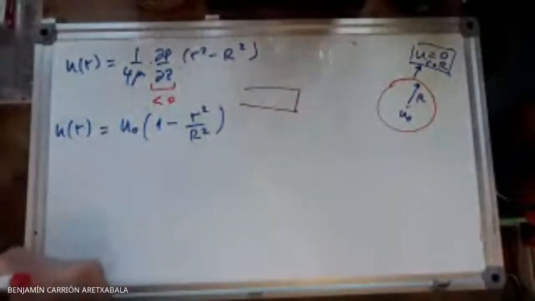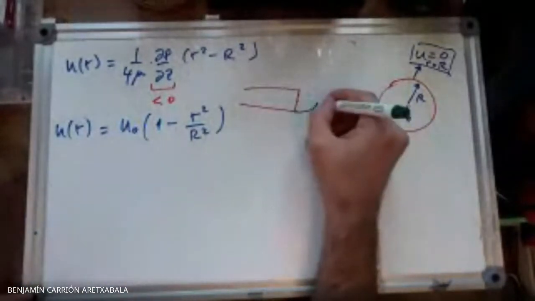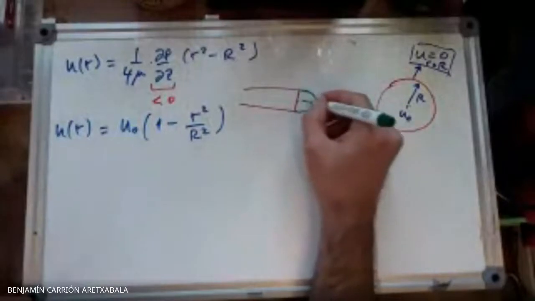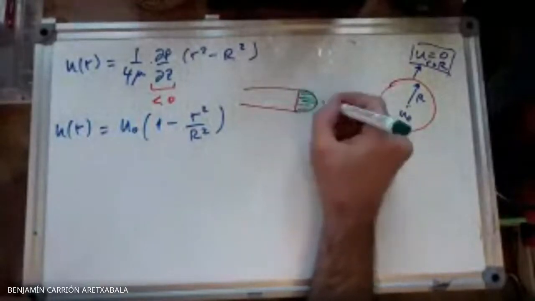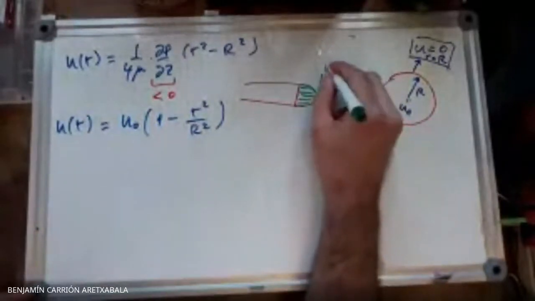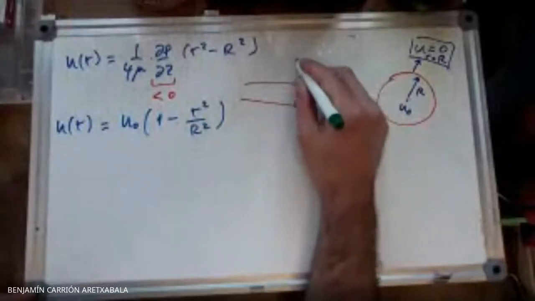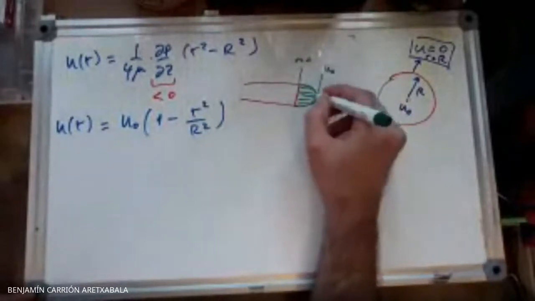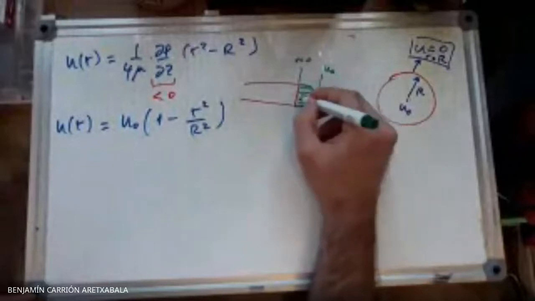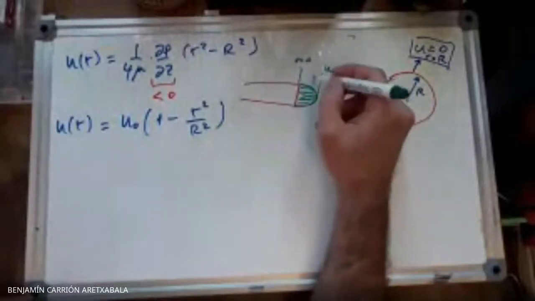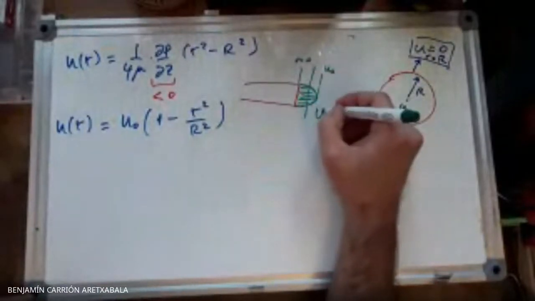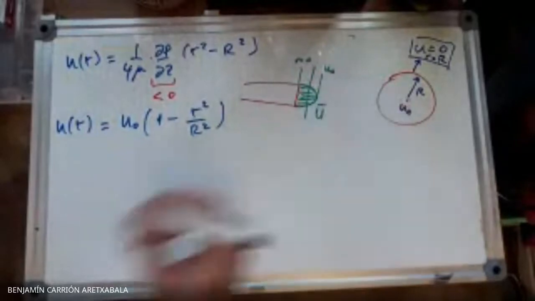This would be something like that, like a quadratic. Here you're going to have u naught, here you're going to have u equals 0, and it's going to be some parabola, right? And now we're interested in what's the average velocity, the mean velocity?